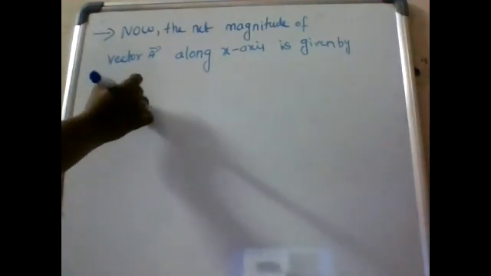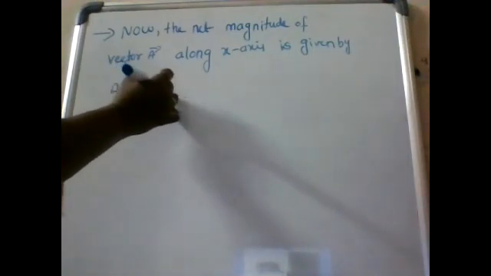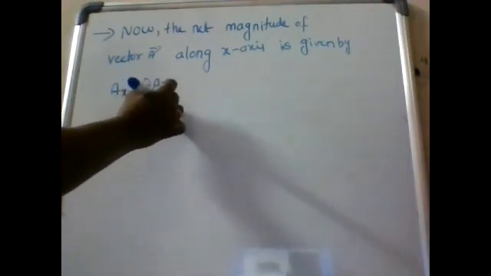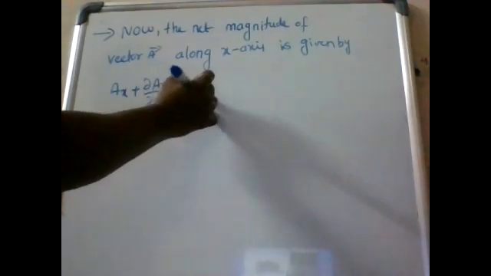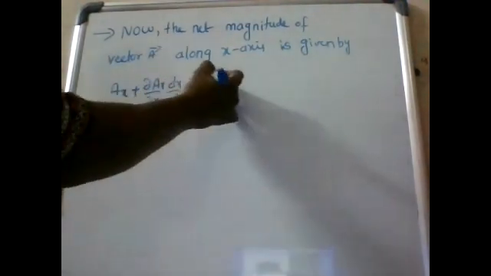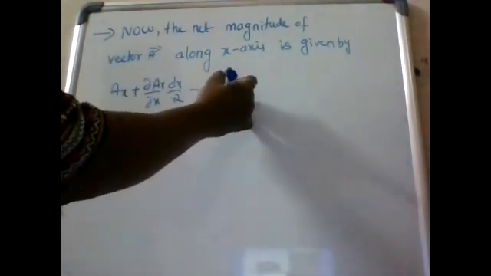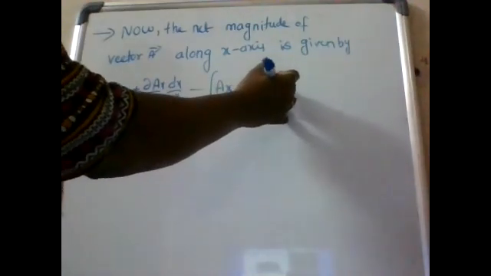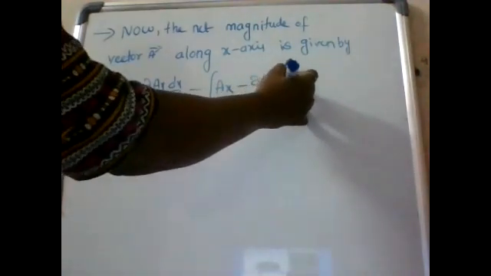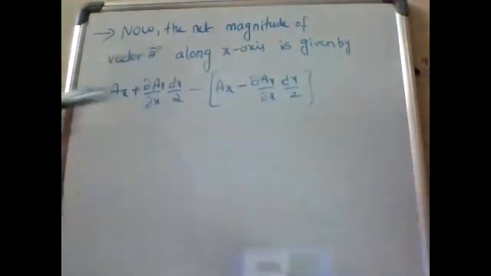So what is the final value? A suffix x plus dou A suffix x by dou x into dx by 2, this is the final value, minus the initial value, A suffix x minus dou A suffix x by dou x into dx by 2.